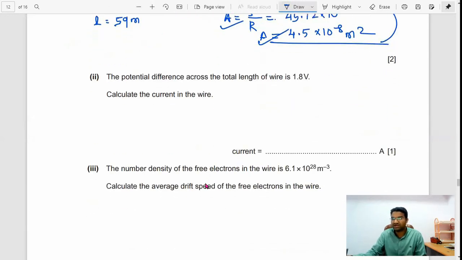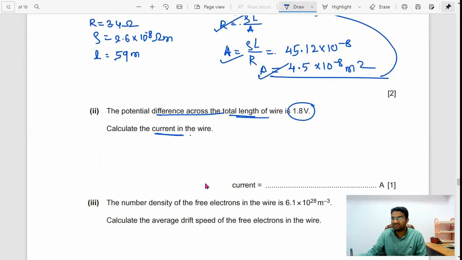Then next, the potential difference across the total length of wire is 1.8 volt. So calculate the current in the wire. We already know the resistance. Resistance is given as 3.4 ohm, right?